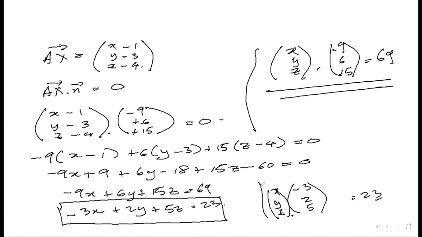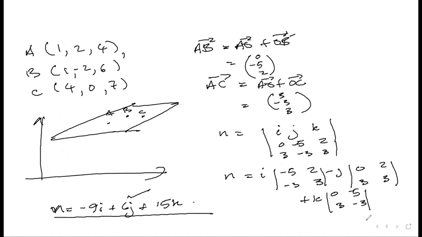So we can write that as an equation as well. Plus 15, sir, because this is 0, and 0 times -3 is 0.